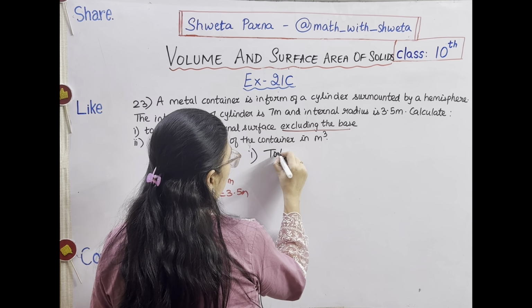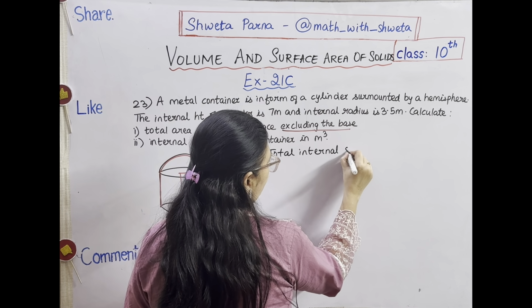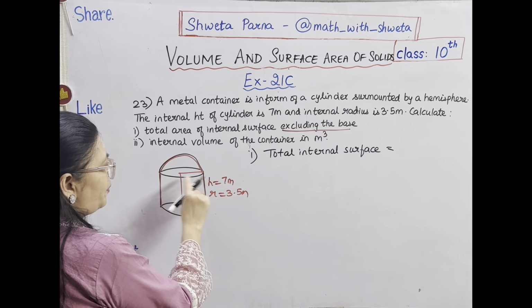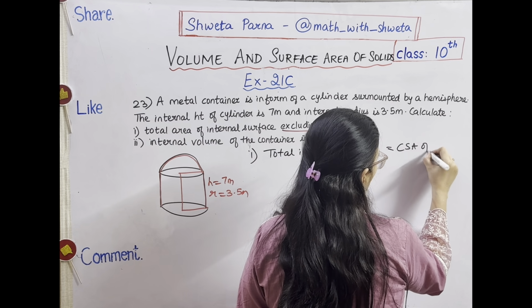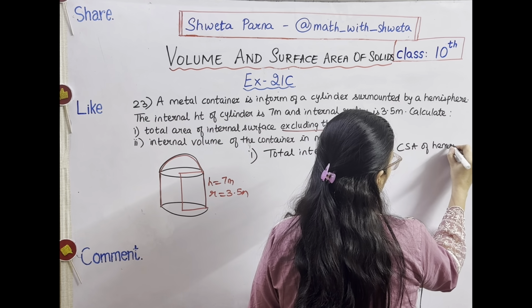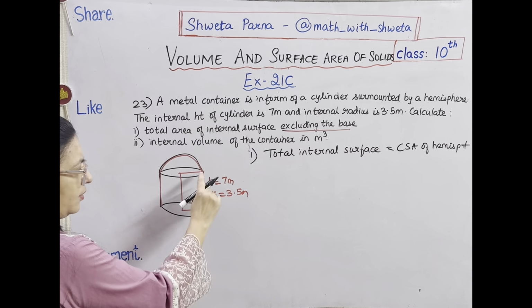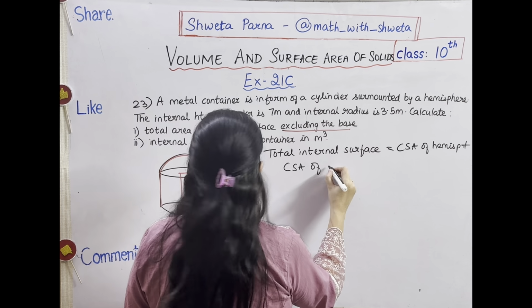The total internal surface is of the hemisphere, it is a curved surface area. So curved surface area of the hemisphere plus again the side. So that means curved surface area of the cylinder.